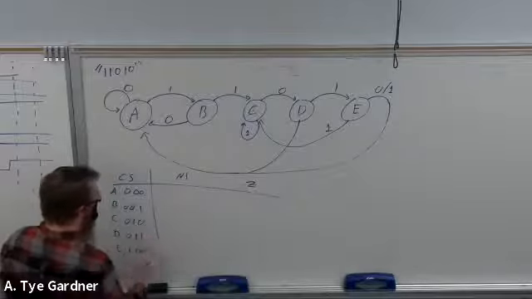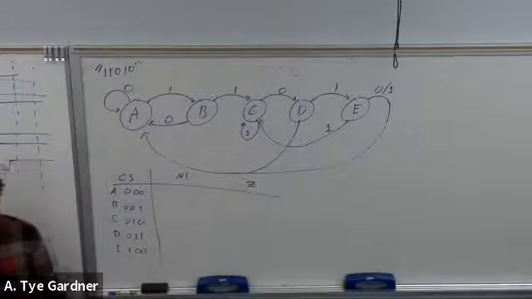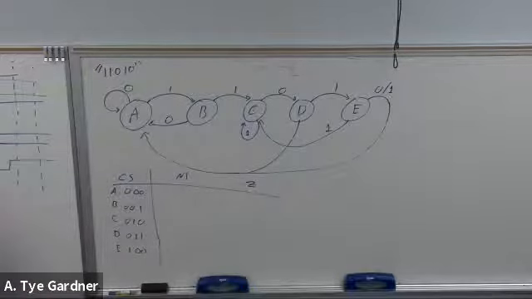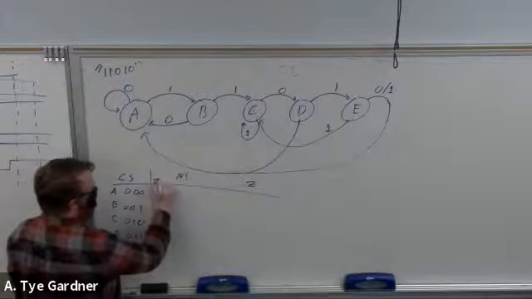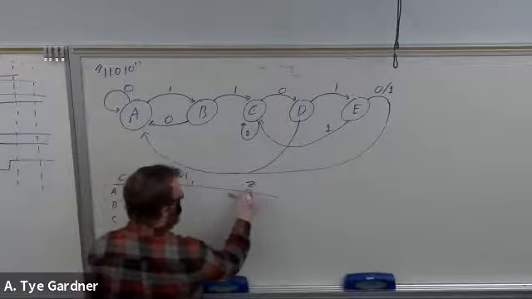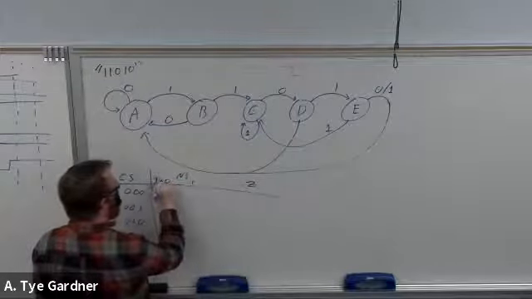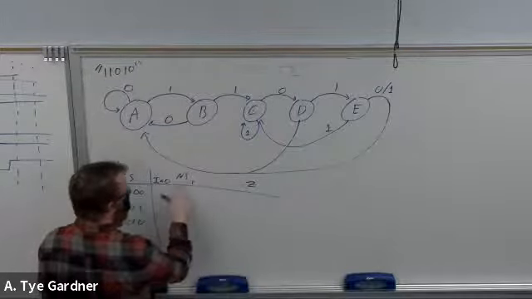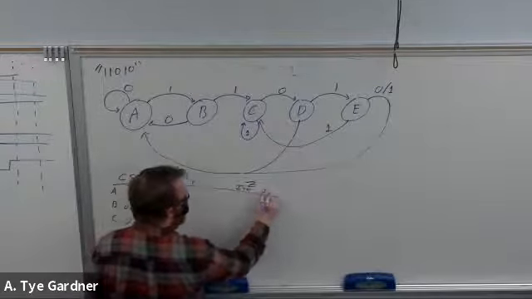Now, the next state always depends on both where are we now, what's our current state, and what is our input. So we do for I equals 0, I equals 1.